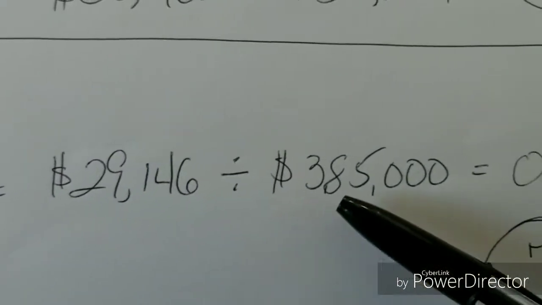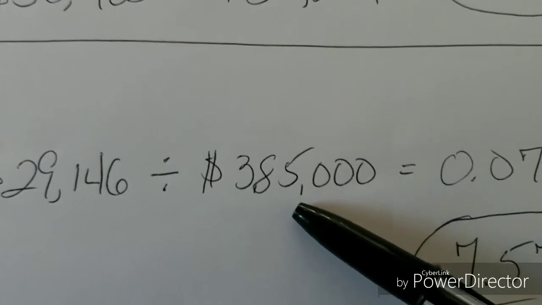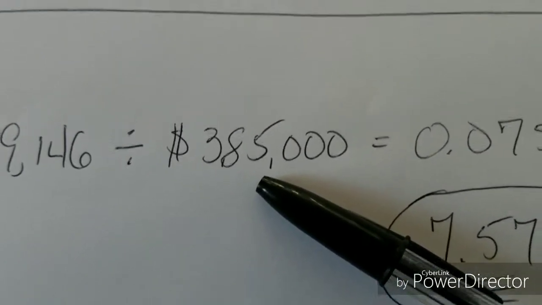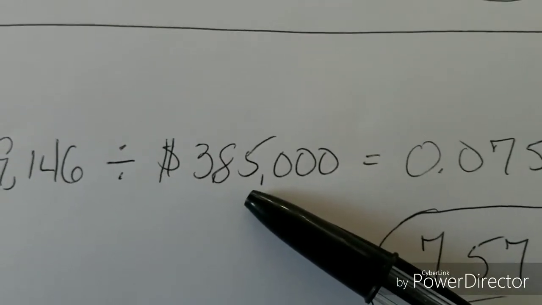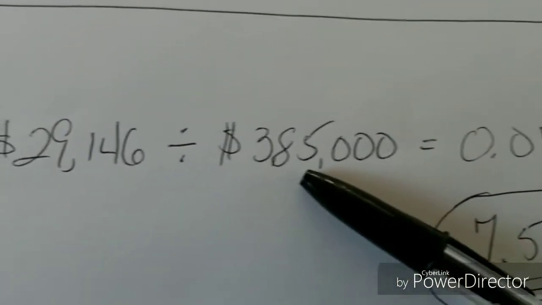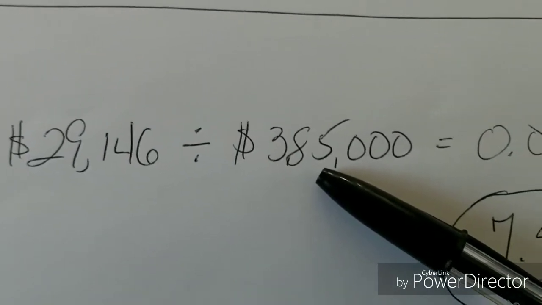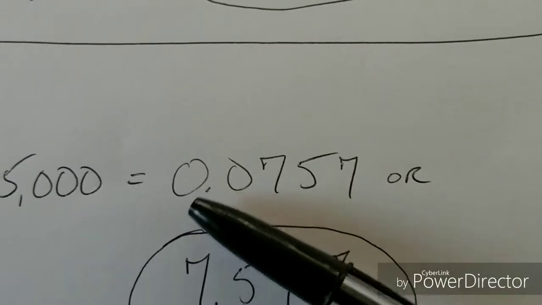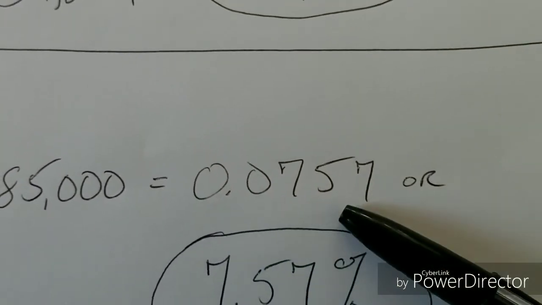We divide that by our acquisition cost. If you recall, we purchased the property for $300,000. We put $85,000 into it, so $385,000 out of our pockets. When we do that simple math, we get 0.0757.